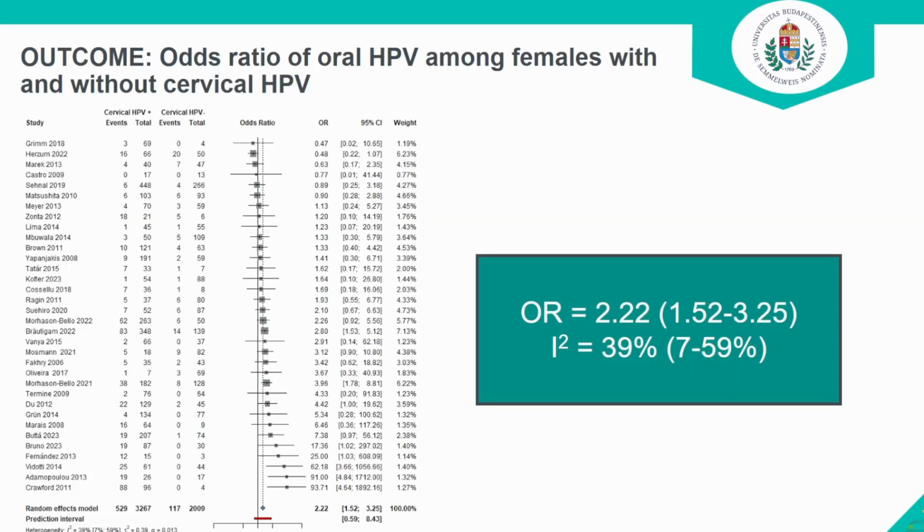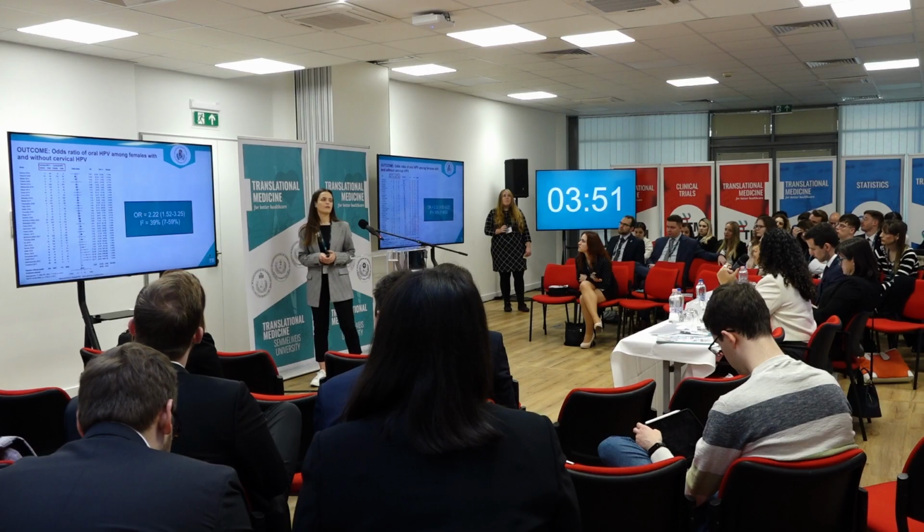Yeah, for example, we have the Grimm study, which has an OR of 0.47, and then Crawford has a 93.71. So you have a huge difference between those studies. So I'm just wondering what was the reason behind this, and if you think that, for example, you could subgroup somehow by these reasons so we could see them separately so this is not affecting the pooled effect.